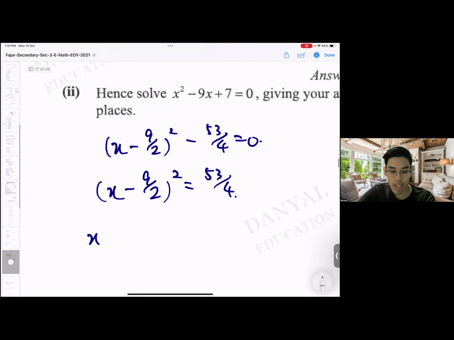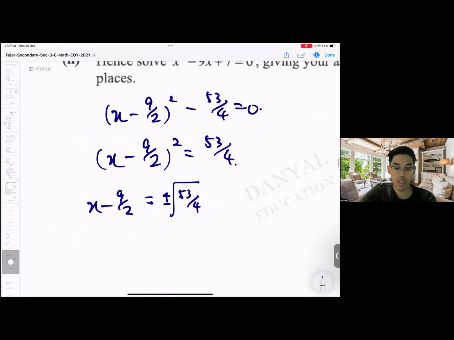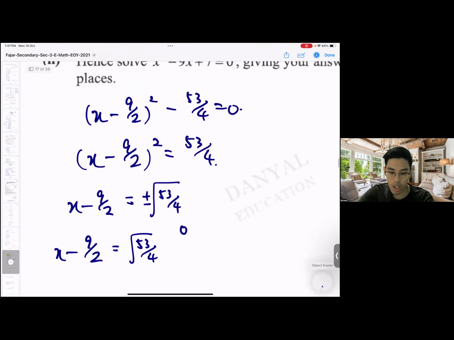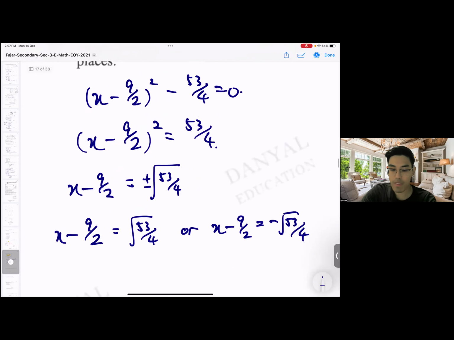So from here, x minus 9 over 2 will give me two results. Either it's positive square root of 53 over 4 or negative square root of 53 over 4. That's the idea. So we need to solve for two separate solutions on their own. So x minus 9 over 2 equals square root of 53 over 4, or x minus 9 over 2 equals negative square root of 53 over 4.